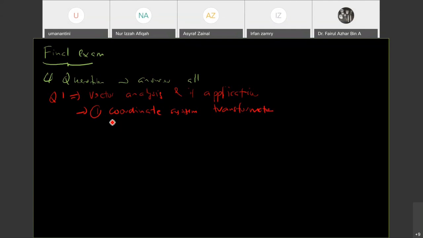Then how to convert, for example, Cartesian to cylindrical ke kan? Cylindrical to spherical and Cartesian to spherical.